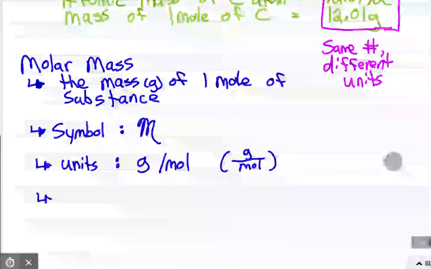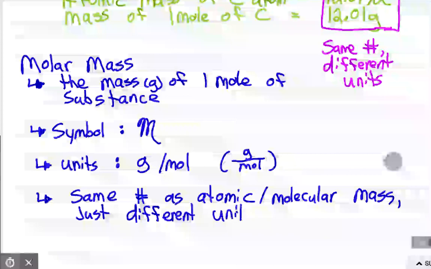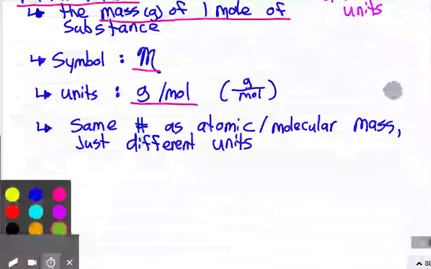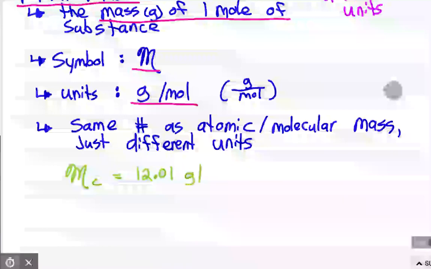Again, our molar mass is the same number as atomic or molecular mass, just different units. So our molar mass of carbon, same number as atomic mass, just different units.